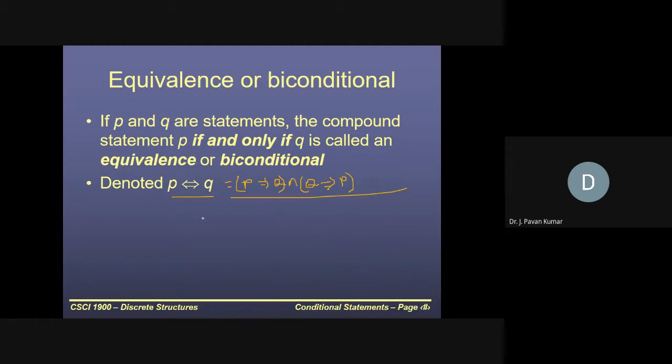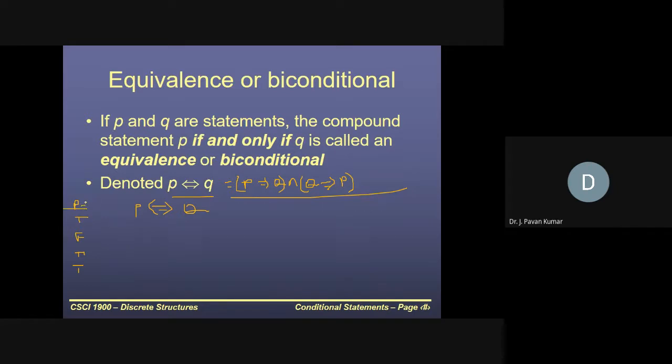Now can you write the truth table for P biimplies Q? We know the P implies Q truth table, and we know the Q implies P truth table as well. In general, what is P implies Q? True, false, the second one will be false, then the remaining will be true. This is the truth table for P implies Q.